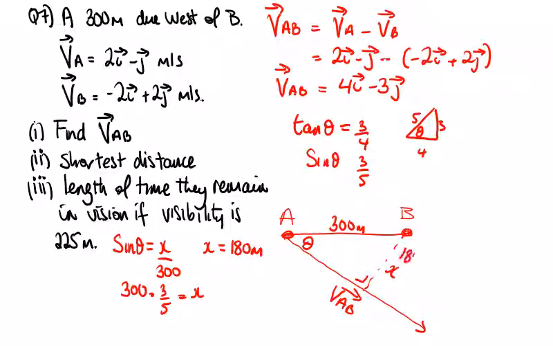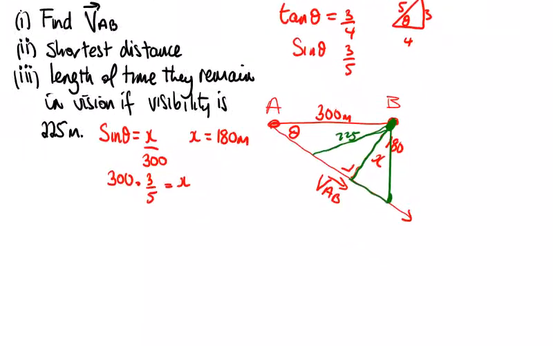So it's my 180. And the length of time they remain in vision, if visibility is 225 meters. So this is 225 meters from here, and this is 225 meters from here. So we're looking at this right angle triangle, and we're going to double it to get x. So I'll put my x on the bottom this time. We got the shortest distance to be 180.